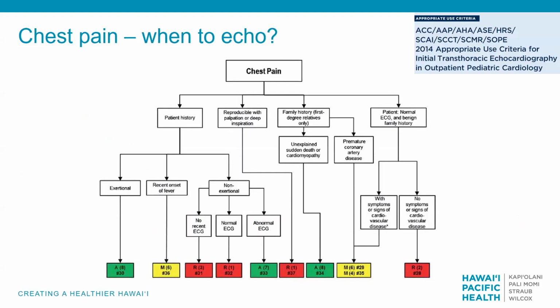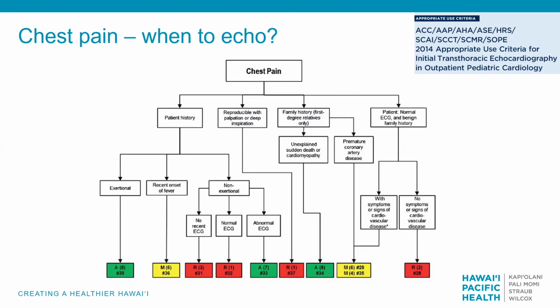So here is an organizational chart from that American College of Cardiology and AHA article that tells you when it is appropriate to use echocardiogram. You don't need to look at this whole thing, but look at the green elements on the bottom and trace them back. You see chest pain, exertional, chest pain with an abnormal EKG, or chest pain with a family history of unexplained sudden death.